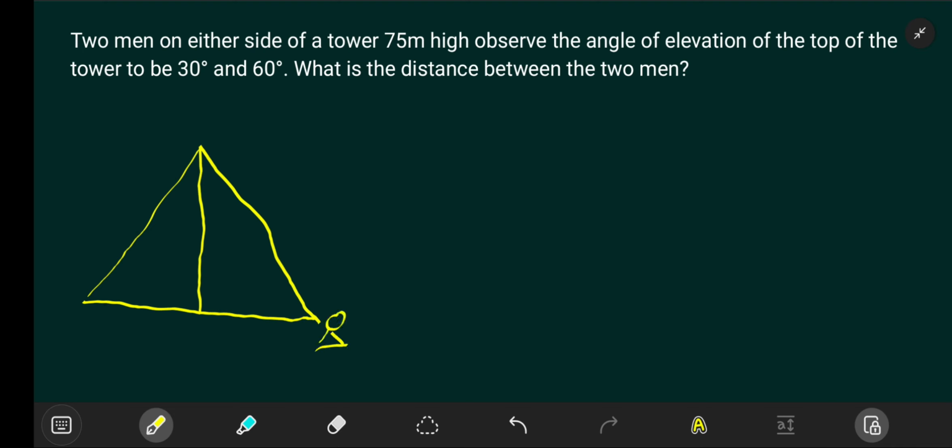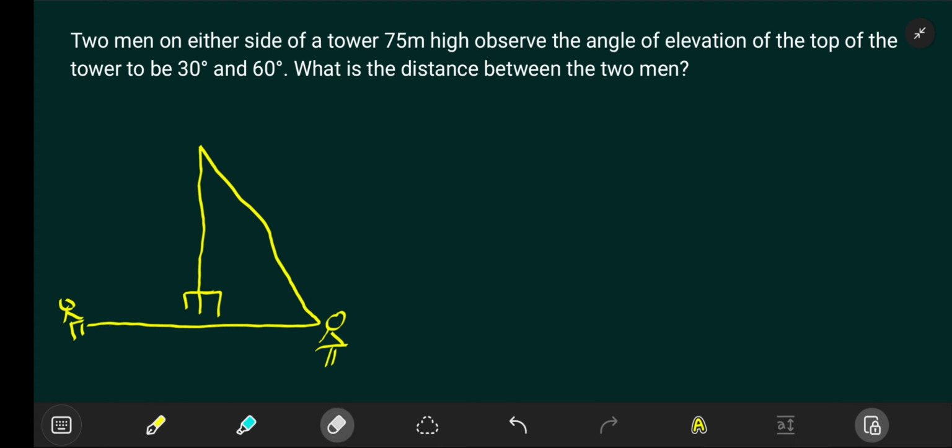The tower is always perpendicular to the base, always perpendicular to the ground. We already know this. I think this is not drawn perpendicular, so I will draw it in the correct way. Okay, now it appears like this.